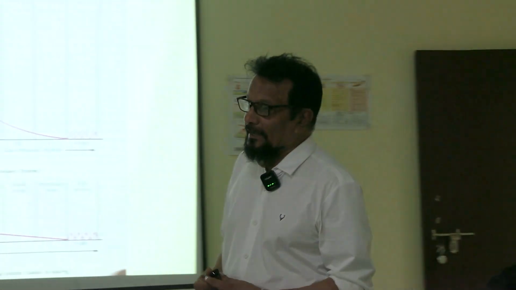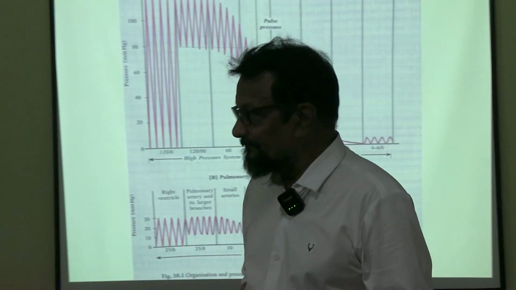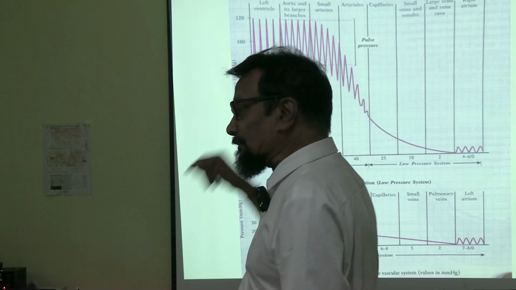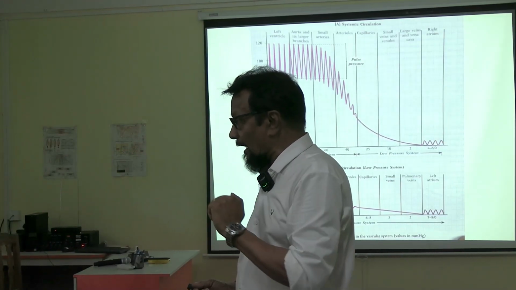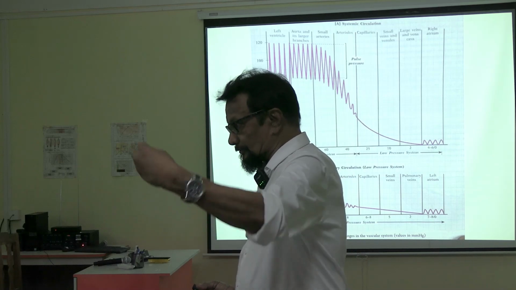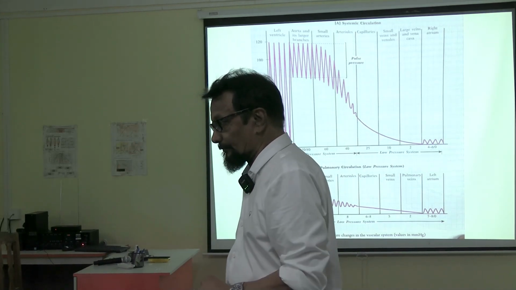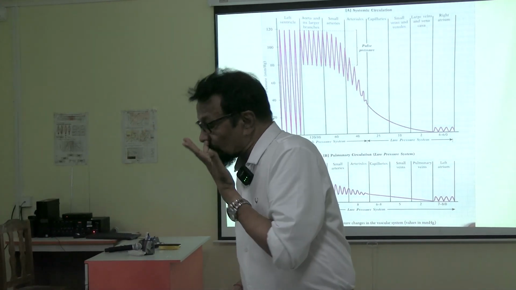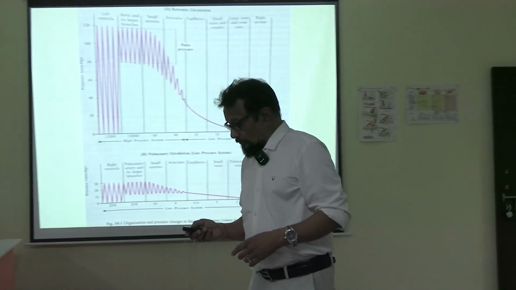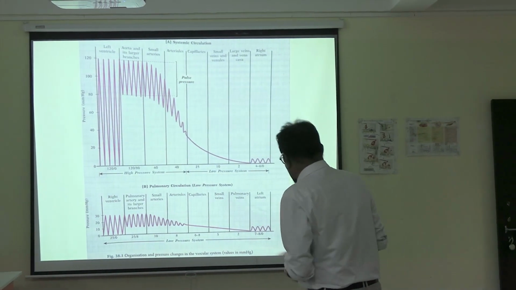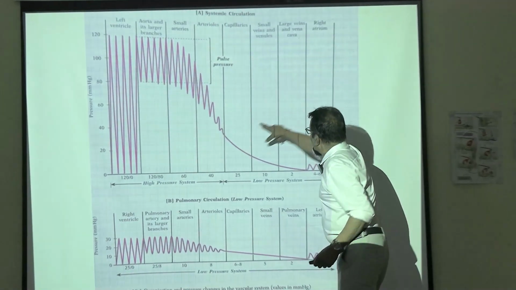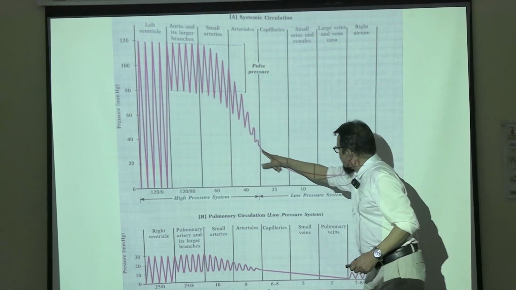The pressure here now is laminar. Before also it was laminar. It was now monophasic. Systolic pressure is coming, no diastole. Again, you see here when blood is coming, only one pressure is there.